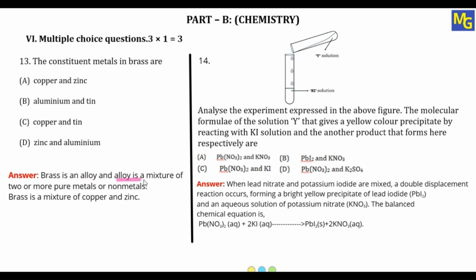What is alloy? Alloy is a mixture of 2 or more pure metals or non-metals. Here brass is a mixture of copper and zinc. So option number A is our correct answer.